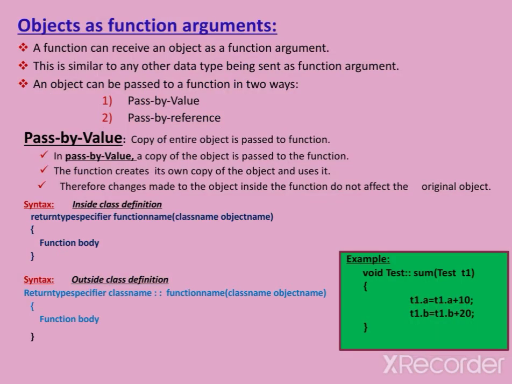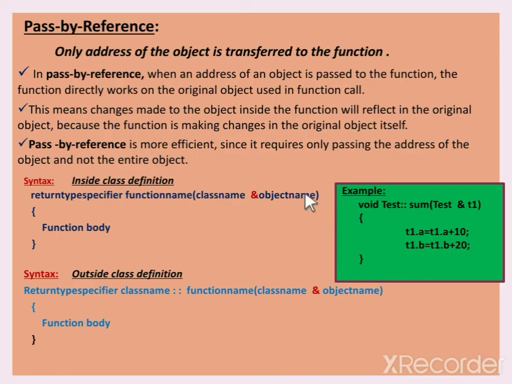But in pass by value, changes made to the object inside the function do not affect the original object. See the difference, students?